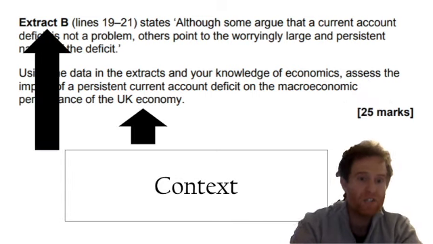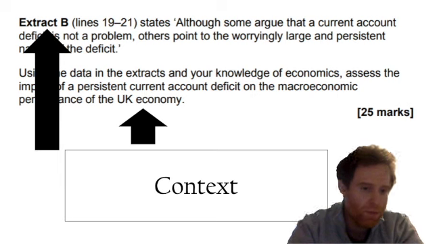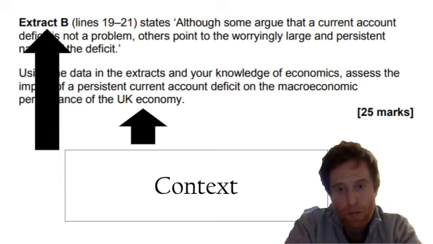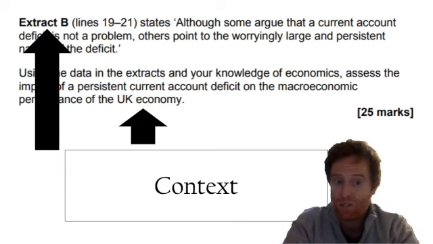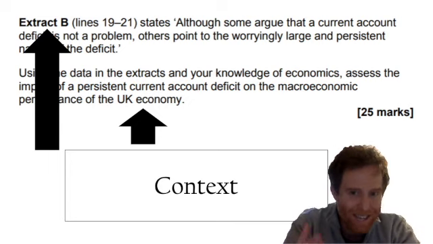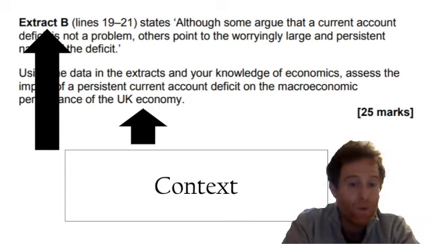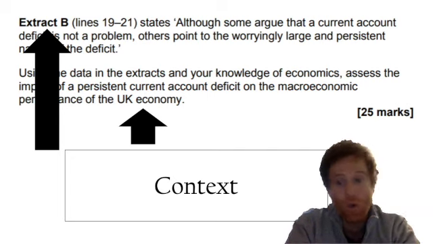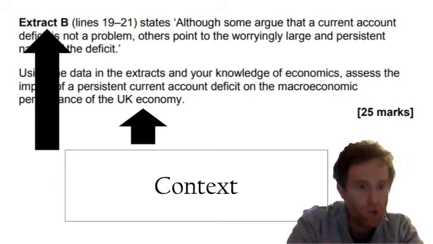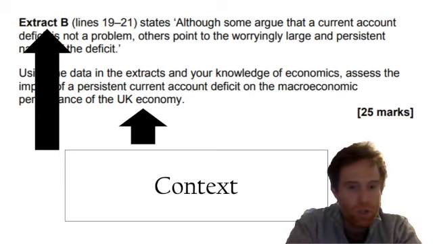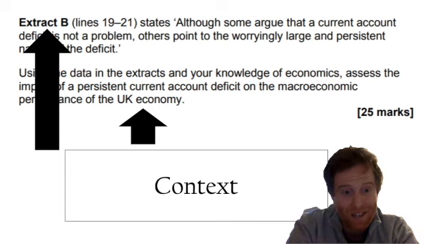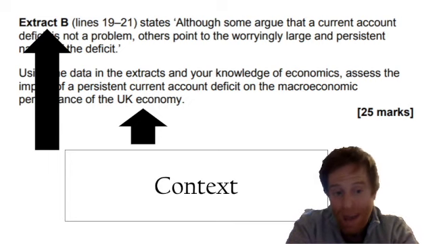The context tells you extract B, but again, don't just look at extract B, look at the others. Extract B will have the majority of the information, but extract A and extract C might also. And it's saying UK economy, so you have to focus on the UK economy in this question. In other questions, it might be based on other economies, or it might be a developed or a developing economy, but make sure you look at that, because that could be absolutely decisive as to what level you might get and how you might be limited by not interpreting the question.